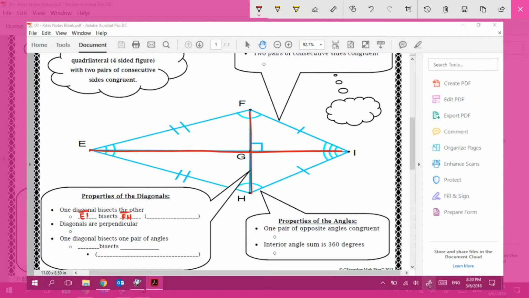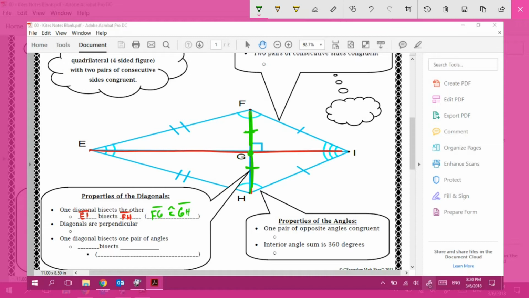And that means FG is going to be congruent to GH, because it is being bisected by the diagonal. Now, only one diagonal bisects the other. That means only one of these diagonals is going to have two congruent segments.